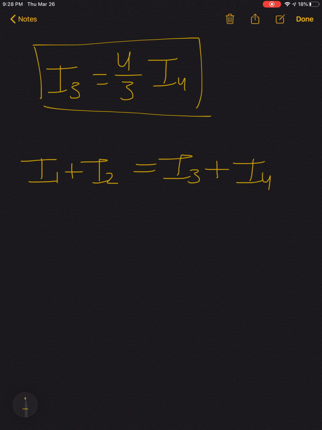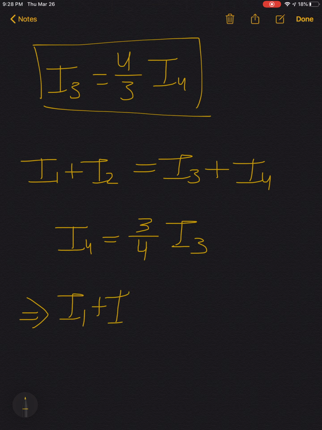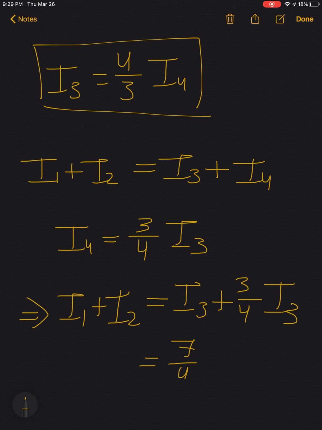Now, if I want to write I3 in terms of I1 and I2, then I plug in the fact that I4 is equal to 3/4 I3, so that equation becomes I1 plus I2 is equal to I3 plus 3/4 I3, which even I can do this math. That gives me 7/4 I3 on the right hand side.